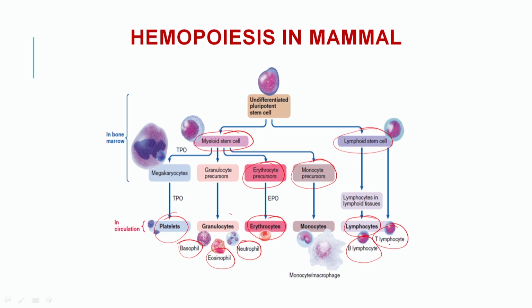All these lymphoid cells are formed from the lymphoid stem cells. So if you see this, myeloid stem cells are responsible for the formation of all the granulocytes, platelets, erythrocytes and monocytes. Lymphoid stem cells form only the lymphocytes, that is T lymphocytes and B lymphocytes.